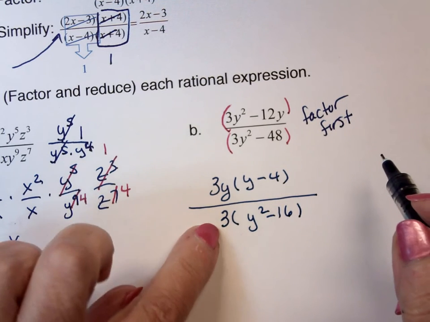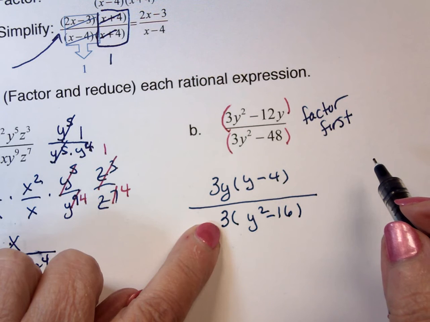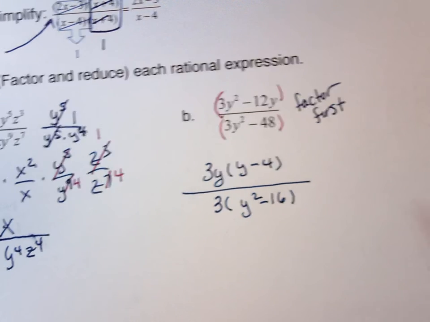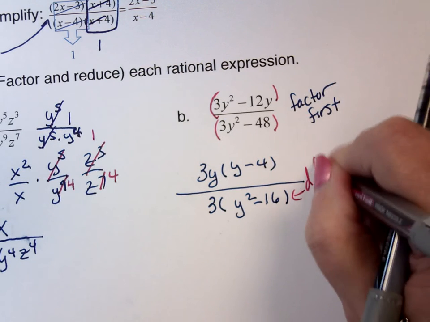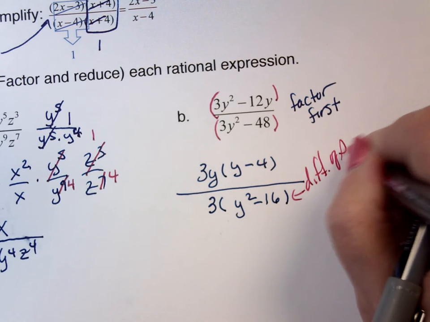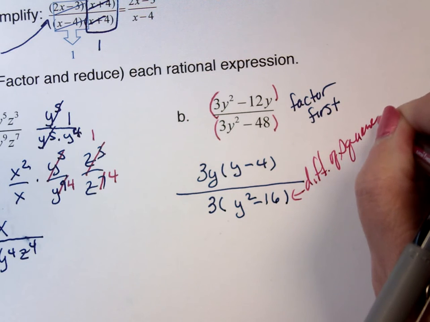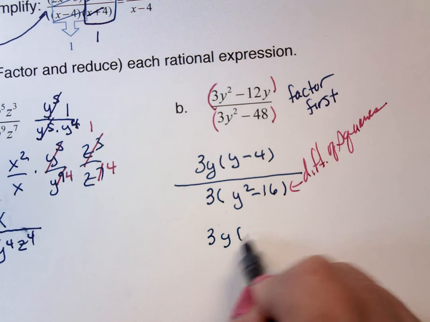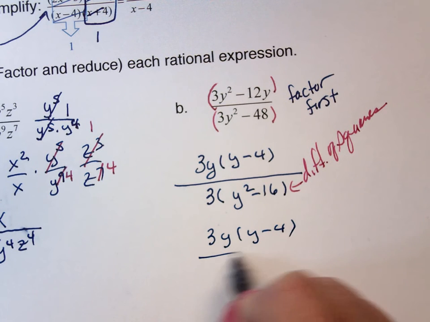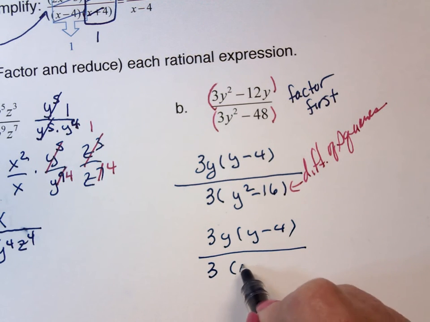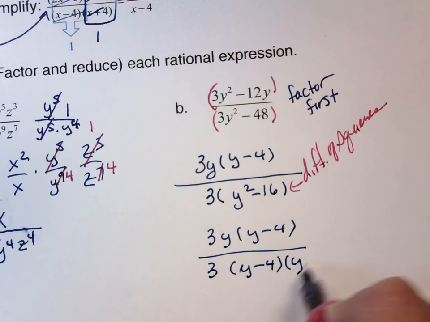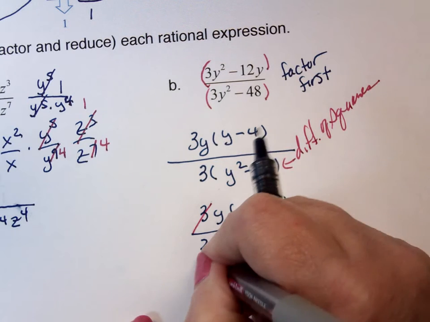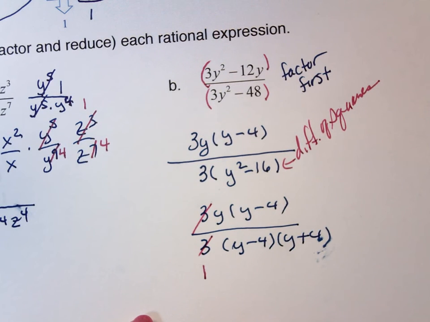Notice you could take the 3's. But what's y squared minus 16? Difference of squares. So I have 3y times y minus 4, over 3 times y minus 4 times y plus 4. 3's reduce out, they form a 1.